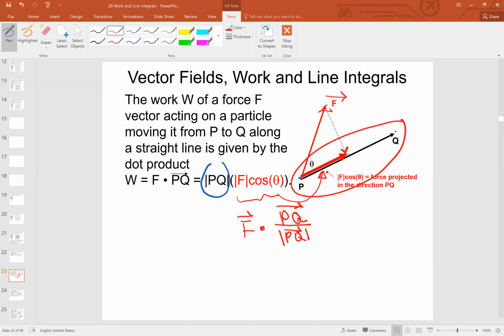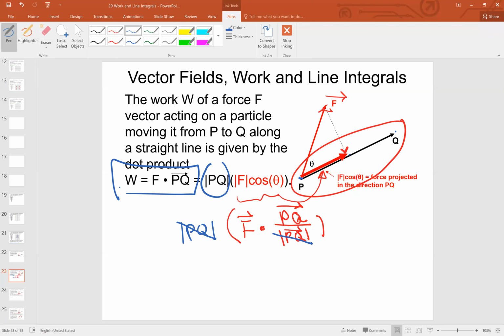Then times the length of PQ outside, and this cancels out. What I'm left with is the work required for the displacement PQ, done by the force vector F, which is the dot product.